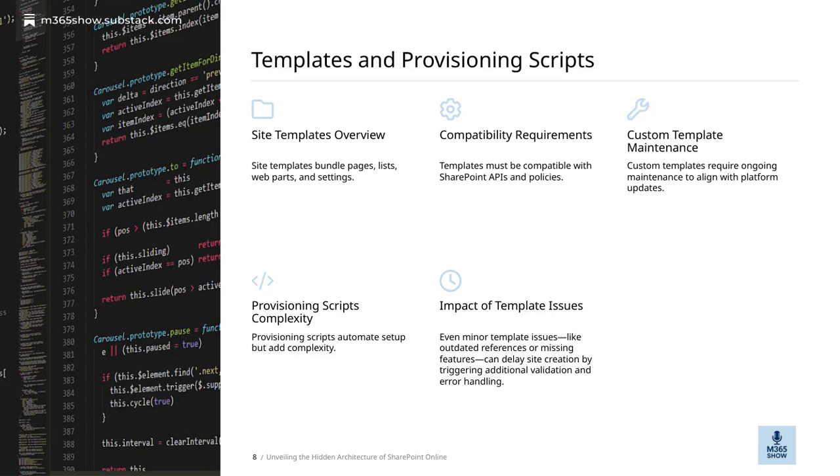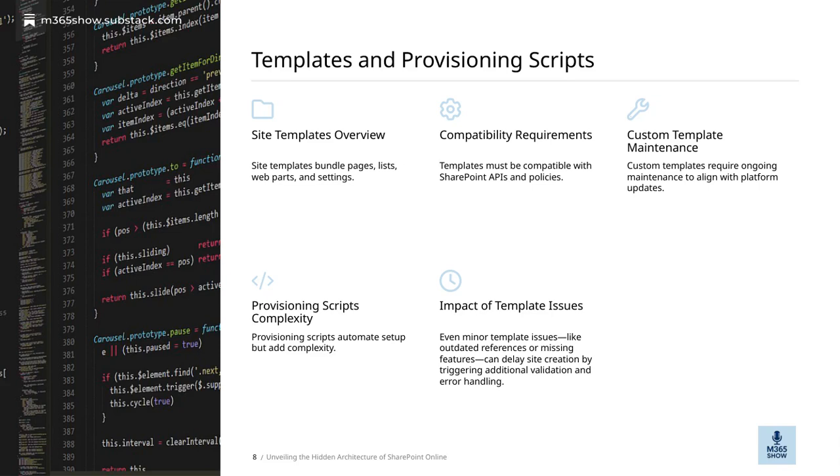Provisioning scripts are really useful because they automate the setup process, but they also introduce additional complexity. Managing these scripts can be challenging, especially as your environment evolves. Speaking of evolution, custom templates need ongoing maintenance to stay aligned with platform updates. If they aren't kept up to date, they might break or become incompatible.